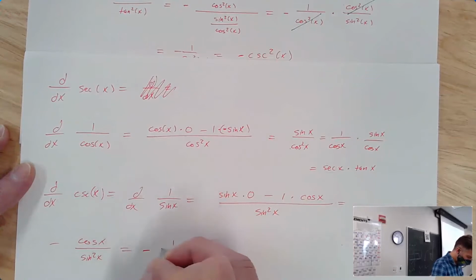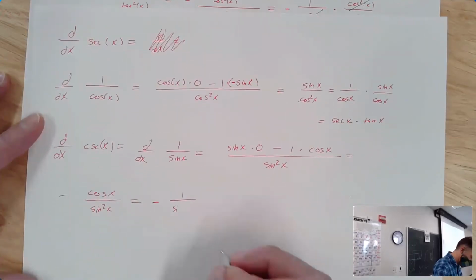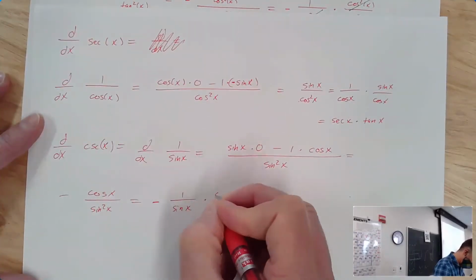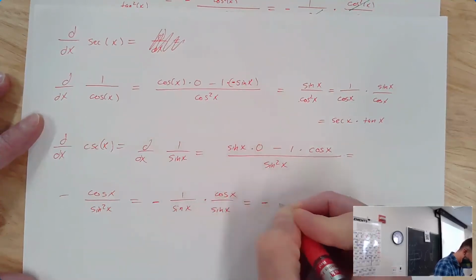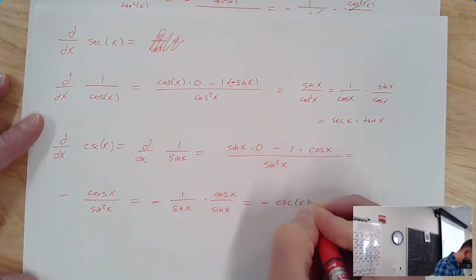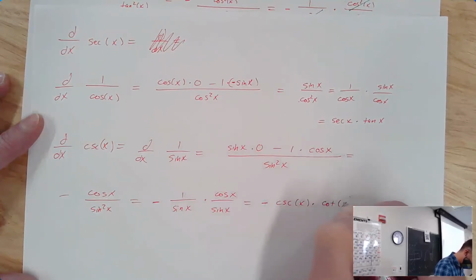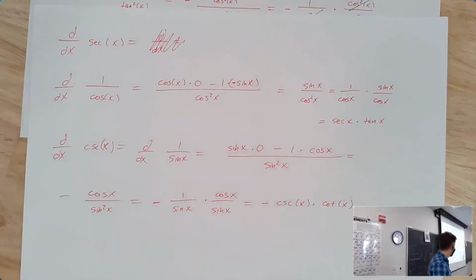It's going to be negative 1 over sine of x times cosine of x over sine of x, which is exactly negative cosecant of x times cotangent of x. So there are your 6 trig derivatives in total. And they're very nice. I encourage you to memorize them.